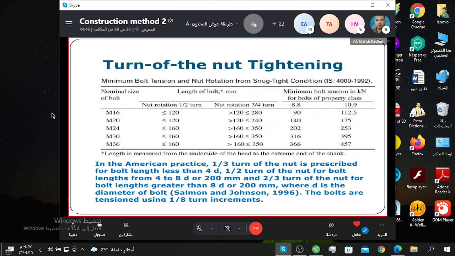In the American practice, 1/3 turn of the nut is prescribed for a bolt length less than 4D, 1/2 turn of the nut for bolt length from 4 to 8D or 200 millimeter, and 2/3 turn of the nut for bolt length greater than 8D or 200 millimeter, where D is the diameter of bolt. Salmon and Johnson, 1996. The bolts are tensioned using 1/8 turn increments.